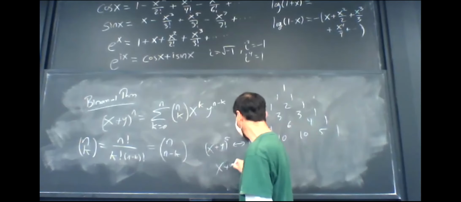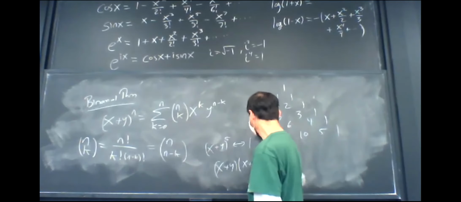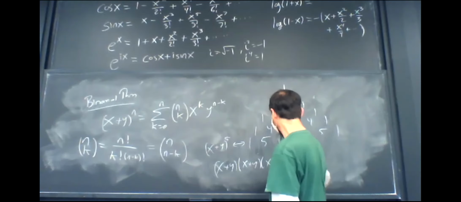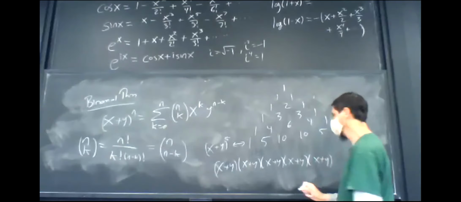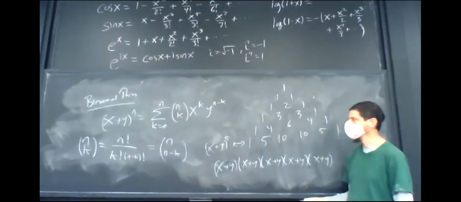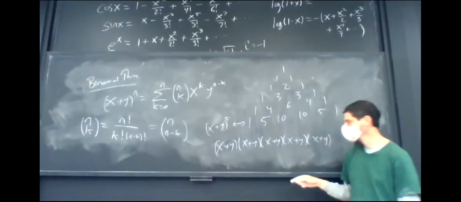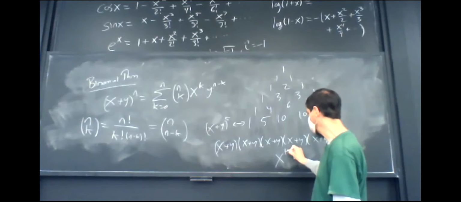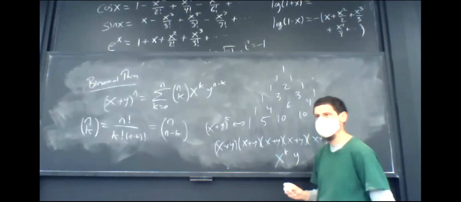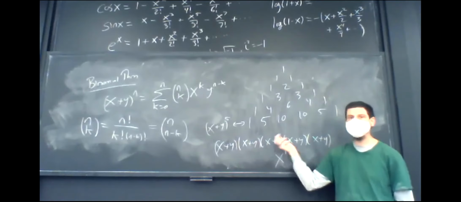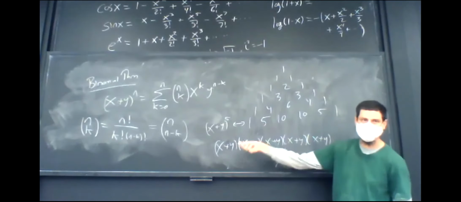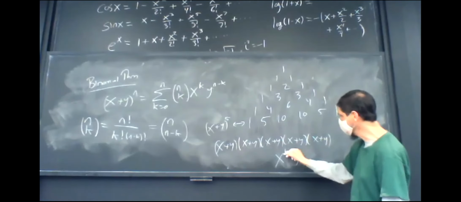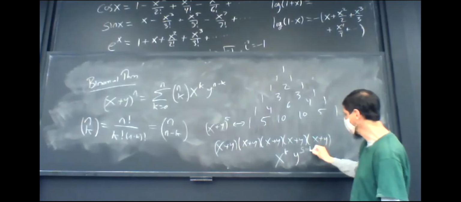So we have (x plus y), (x plus y), (x plus y), (x plus y), (x plus y). When I expand it out, I'm going to get terms that will involve x to some power and y to a power. But I know from each factor I choose either an x or a y. So if I choose 3 x's, I have to choose 2 y's. If I choose 4 x's, I have to choose 1 y. If I choose k x's, I have to choose 5 minus k y's.